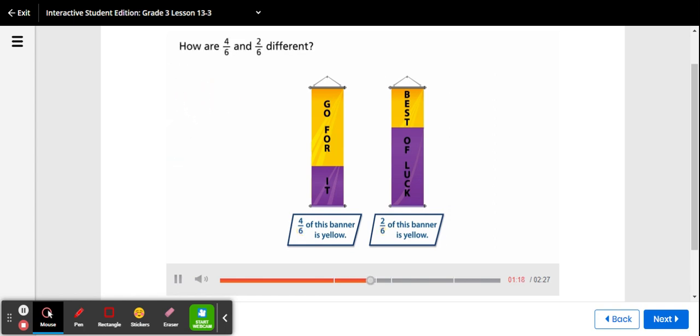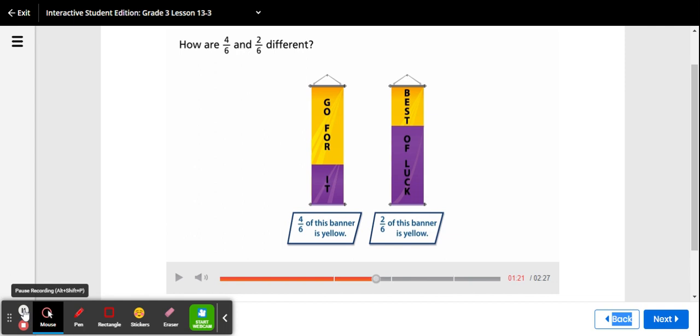How are 4/6 and 2/6 different? So they're the same because they had the same denominator, and having the same denominator means that they have the same number of equal parts.